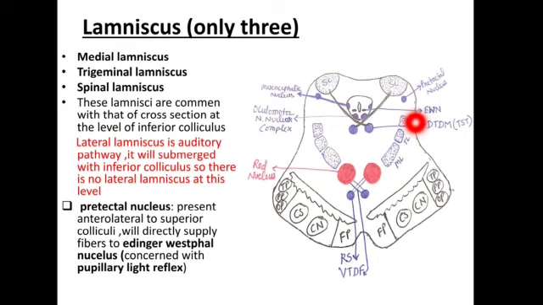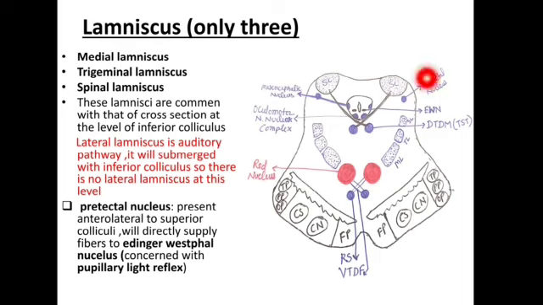These lemnisci are common with the cross section at the level of inferior colliculus. But lateral lemniscus, which is the auditory pathway, will submerge into inferior colliculus, so there is no lateral lemniscus at this level.